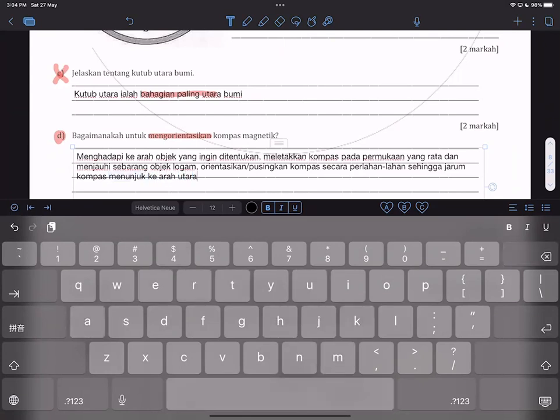So this is the fourth step, but we combined the second and third, so this is the third step. So comma serta, which means the last step: membacakan arah objek, referring to the compass, mengikut, or you can use berpandu kepada kompas. Okay, so this is a total of 4 marks.